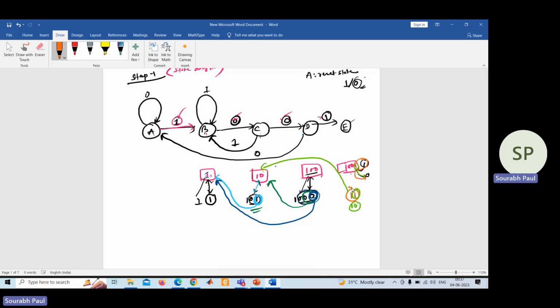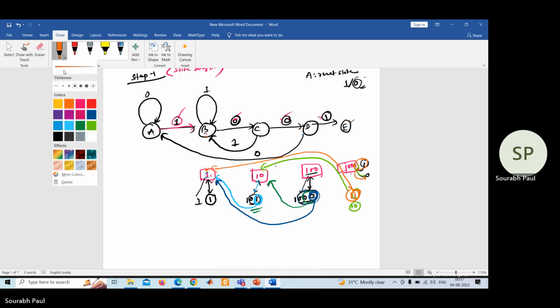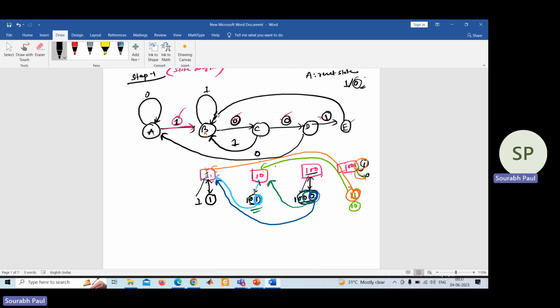So you check, this one is matching with this one. Yes. So what does it mean? It means if you consider this one, you have to go to this particular state, that is B only. So you have to go to B from E when the input is 1.